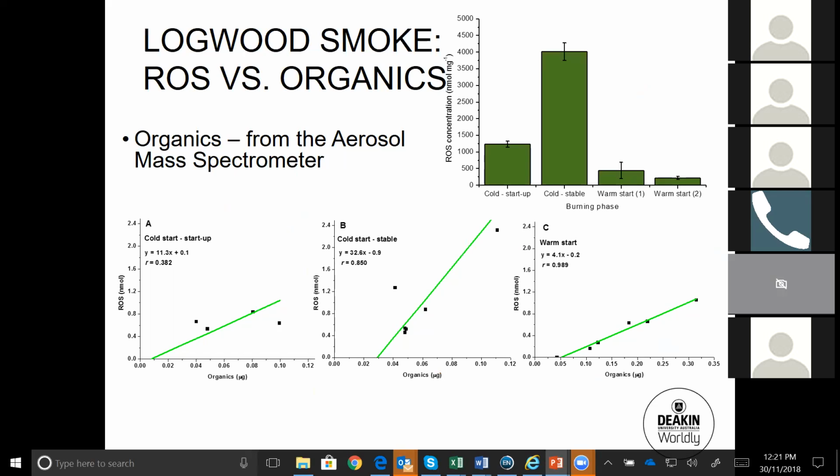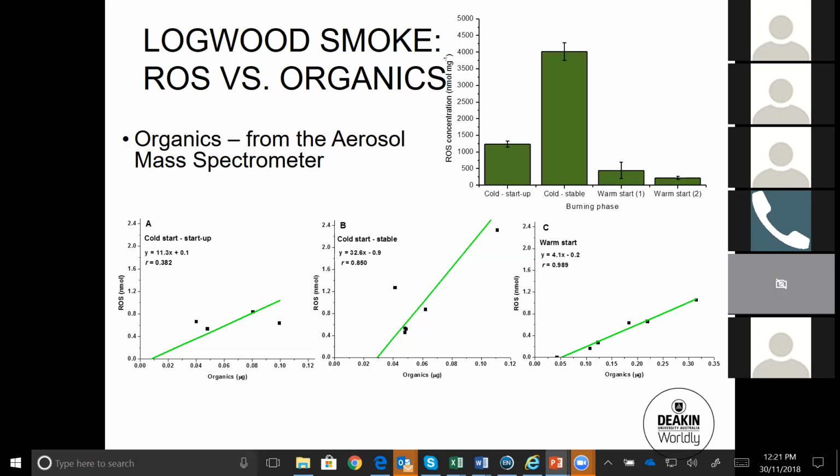But what I have discovered during my work is that not the entire organic phase is going to be a source of ROSs, and also not every organic fraction is going to be equally potent to cause oxidative damage.